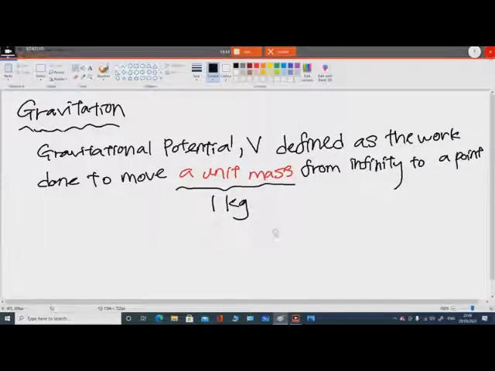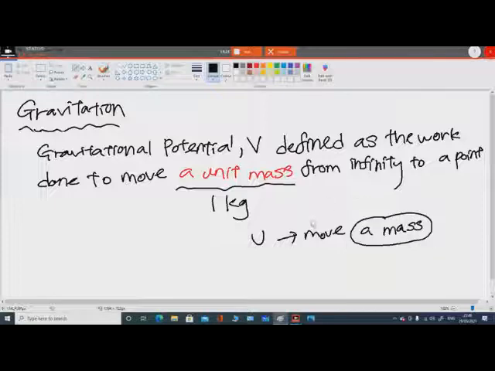The U here is to move a mass, and a mass means the total mass of the object, while a unit mass means 1 kg of the object from infinity to a point.